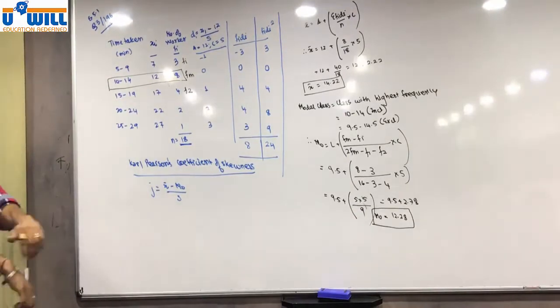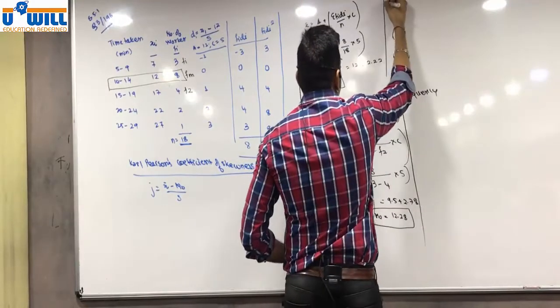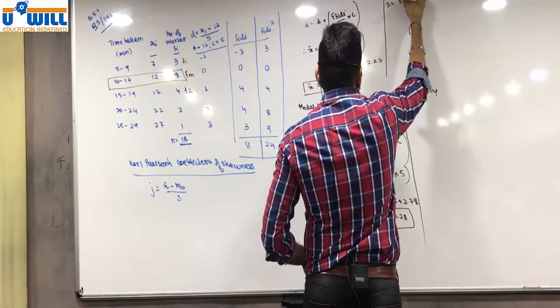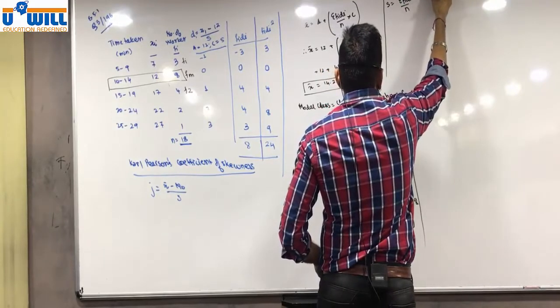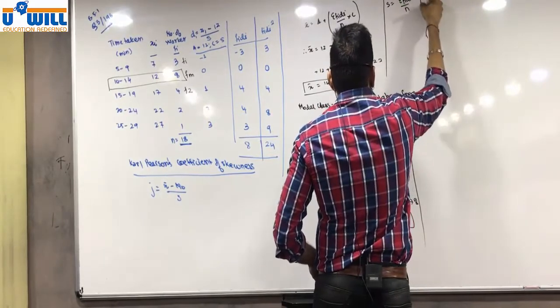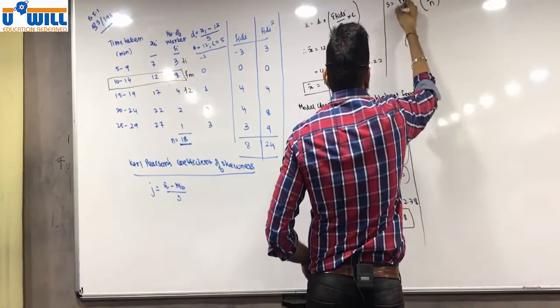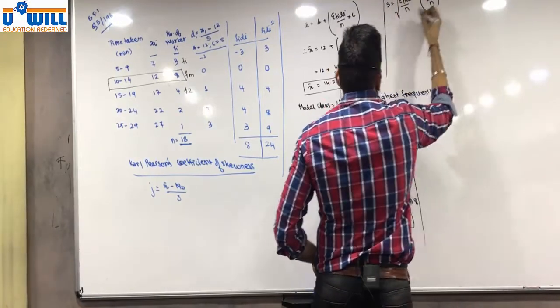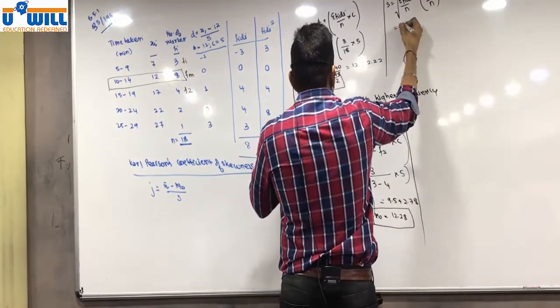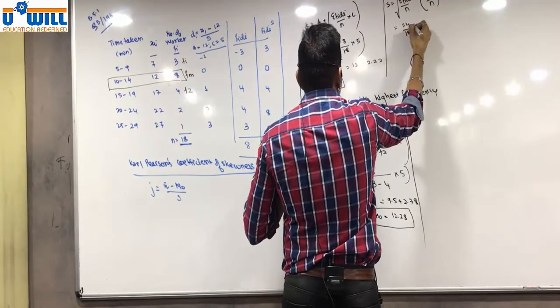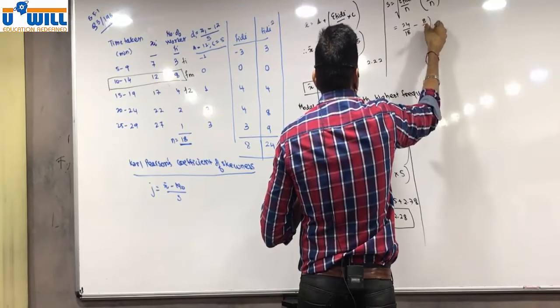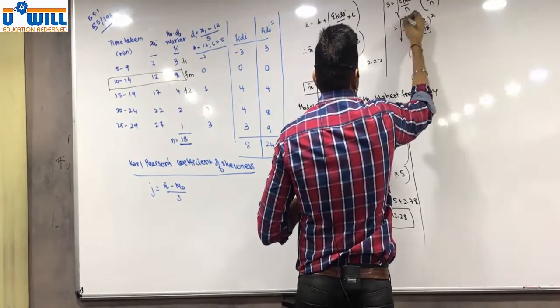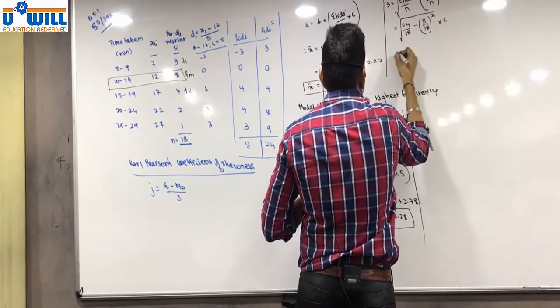Now what do we have to find? We have to find the standard deviation. Standard deviation is equal to the square root of sigma fi di square upon n minus sigma fi di upon n, the whole square, into c, which is equal to the square root of 24 by 18 minus 8 by 18, the whole square, into c.